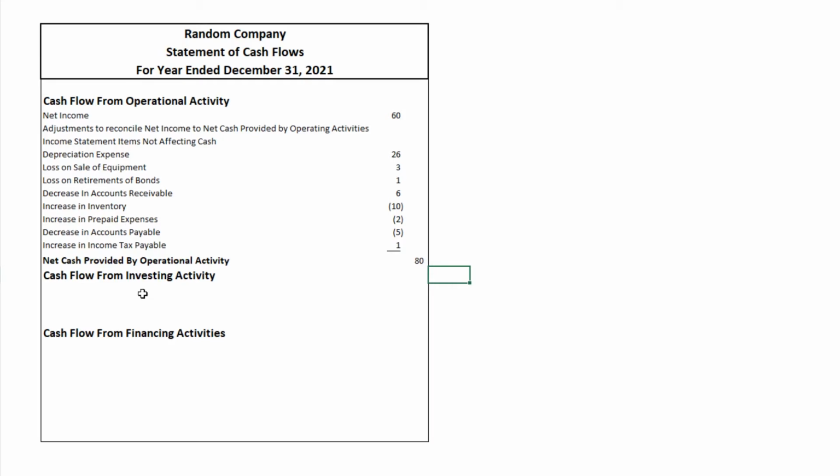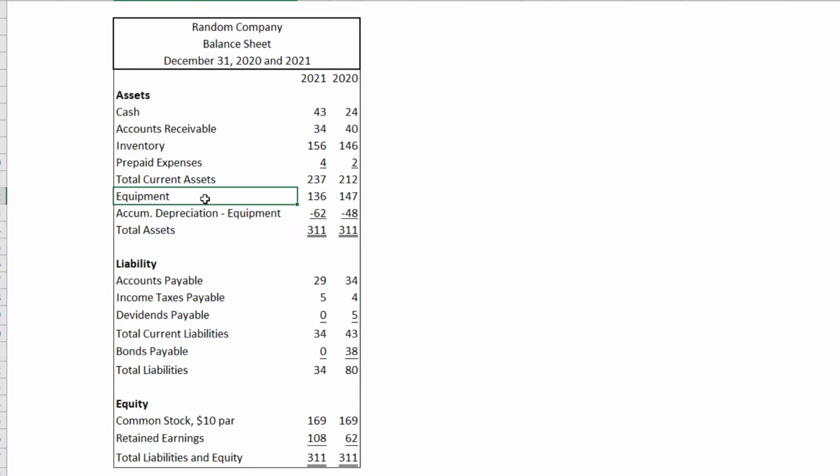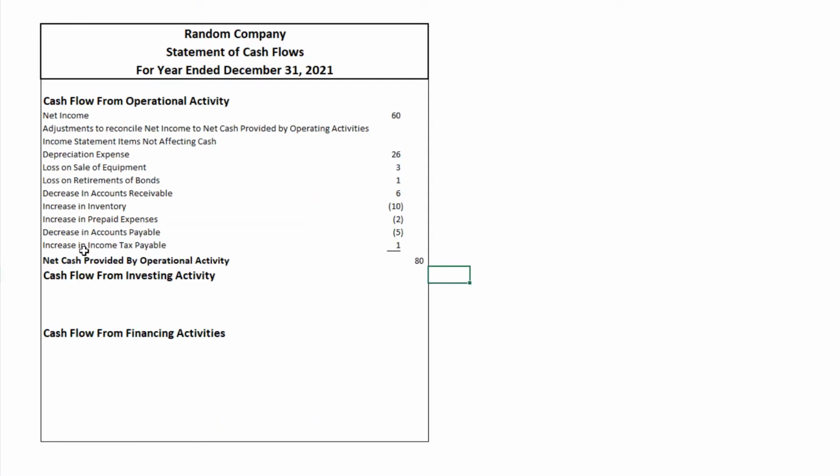Now, investing activities means purchasing of a big ticket item, we have equipment right here. So that's going to be cash flow from investing activities.